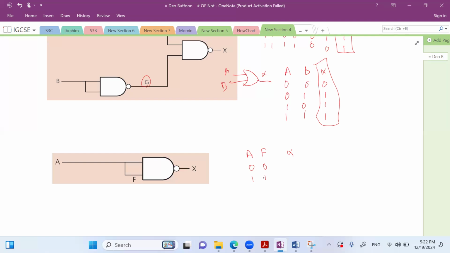So the output of X would be 0? Wait, this is a NOT gate. Hold on. NOT gates are usually opposite, so it would be 1 and 0.